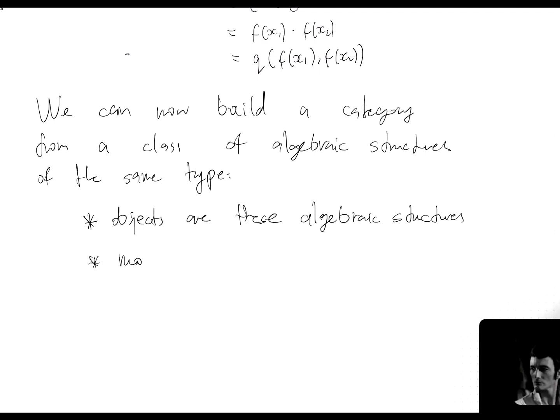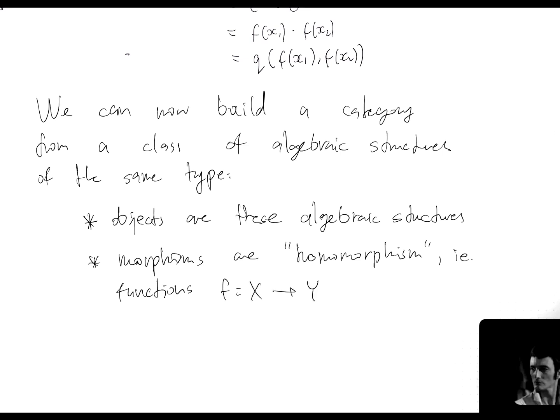Morphisms are homomorphic functions, in other words, homomorphisms. In other words, functions f, let's say, from x to y, where x and y are my algebraic structures.